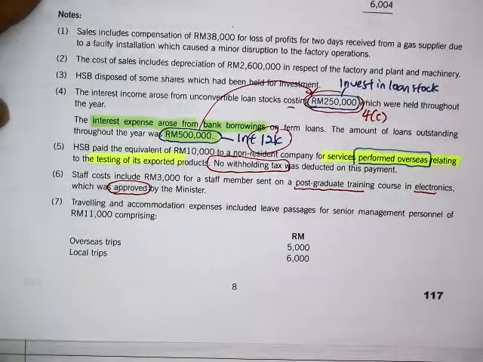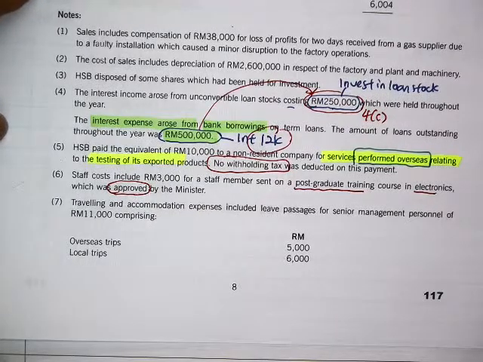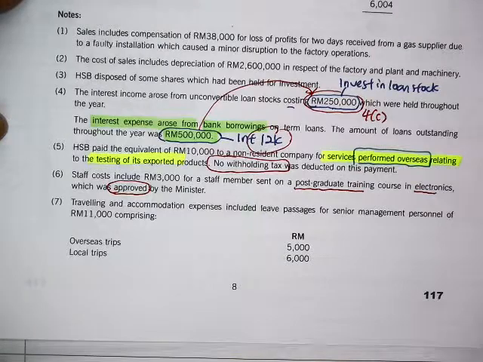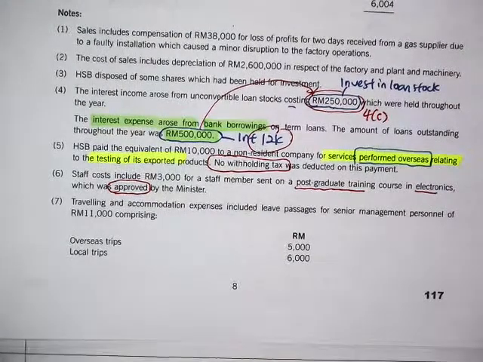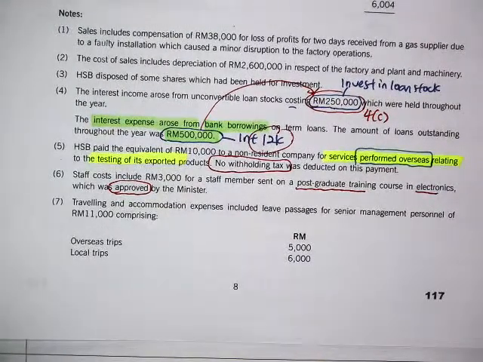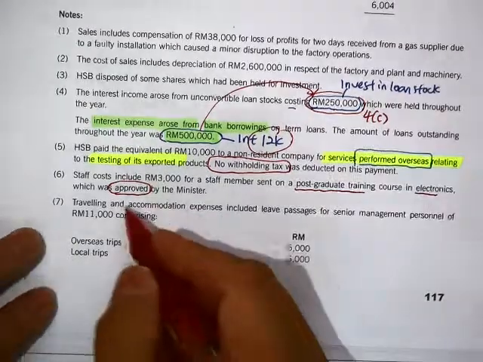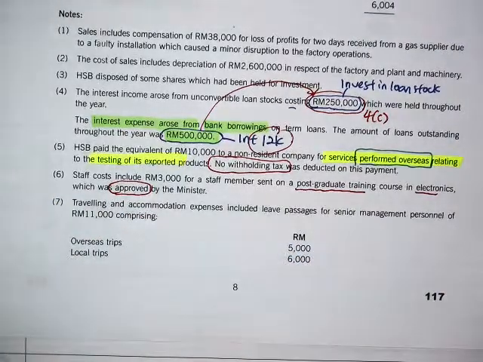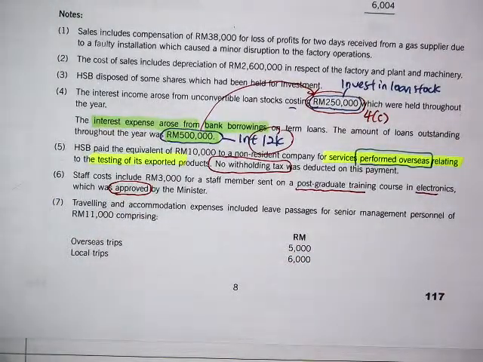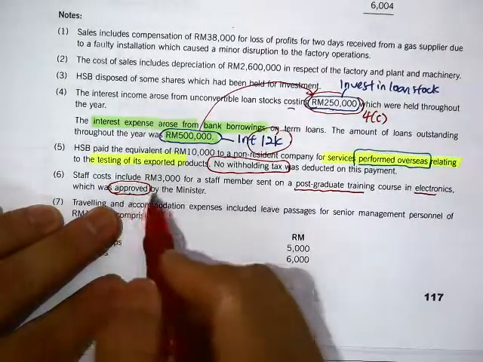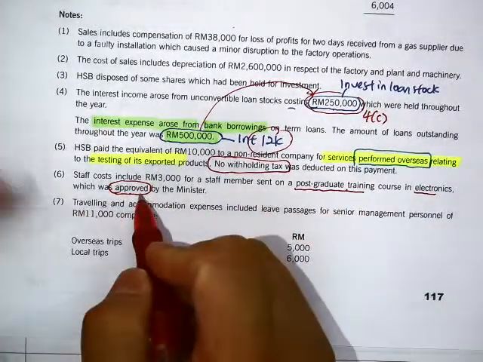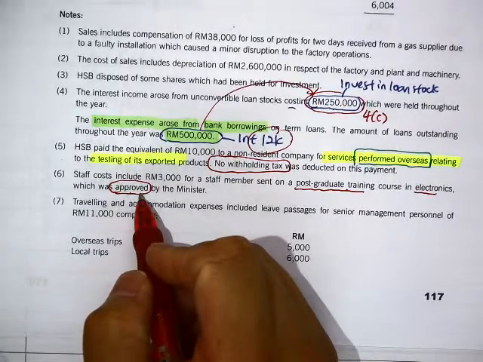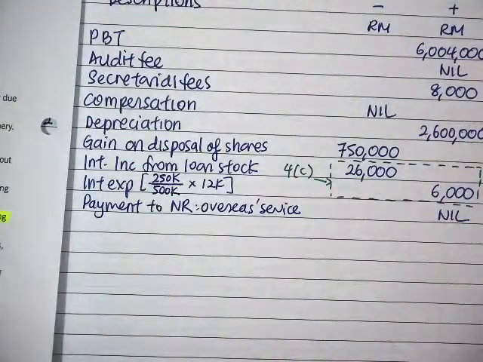And I've told you that the tip in the exam is you look for the word approval. Because why would a training be approved in the first place? I mean, if you don't get approval, there's no double deduction. And there's a lot of reason why you get approval. But I say you don't have to remember the details. You just remember the word approved. So it's good enough already. If you don't get approval, there's no double deduction. So examiner has to tell you, he has to say that this is approved. So when you see that the training is approved, understood, it's the double deduction. So don't have to remember details, so you know what to do with this thing.